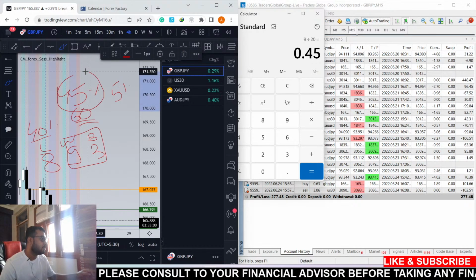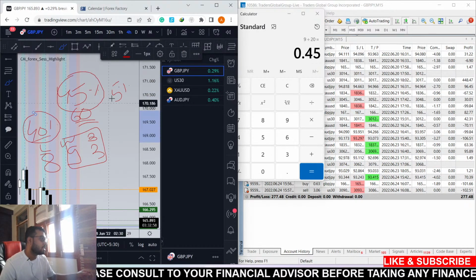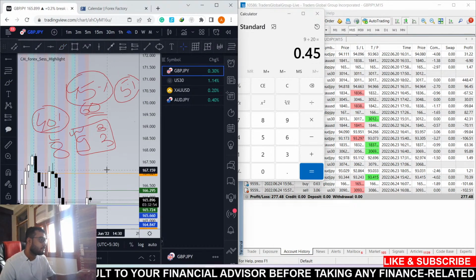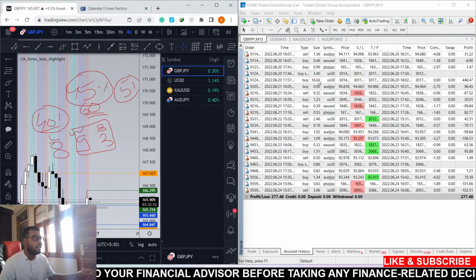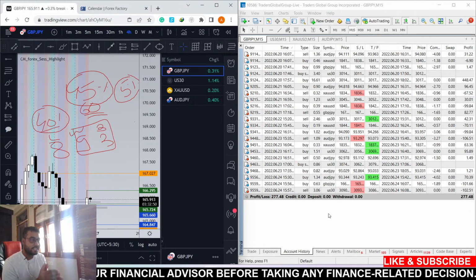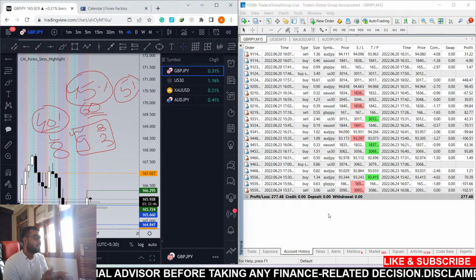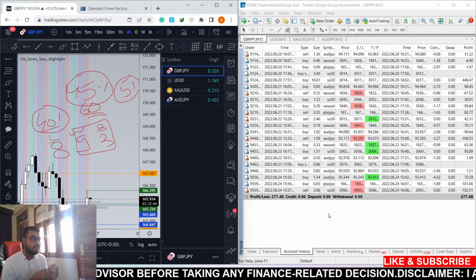This is a win, this is a loss, and this is a break even trade. But the strategy is still in its nascent form, and if there is some need for fine tuning, I will definitely do it.